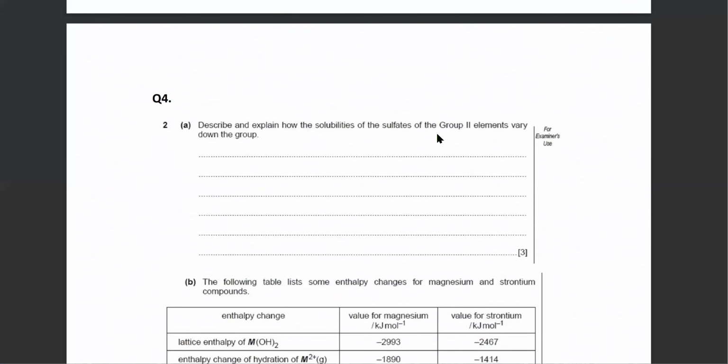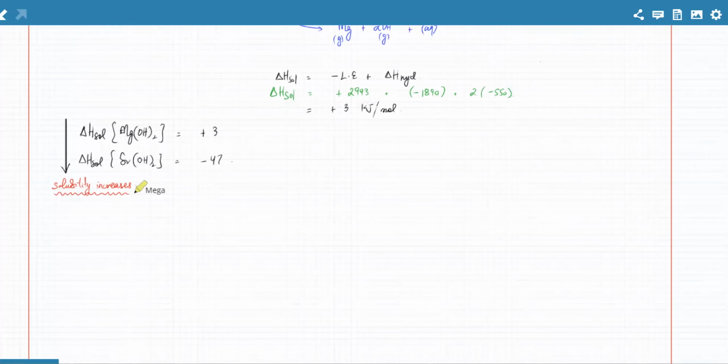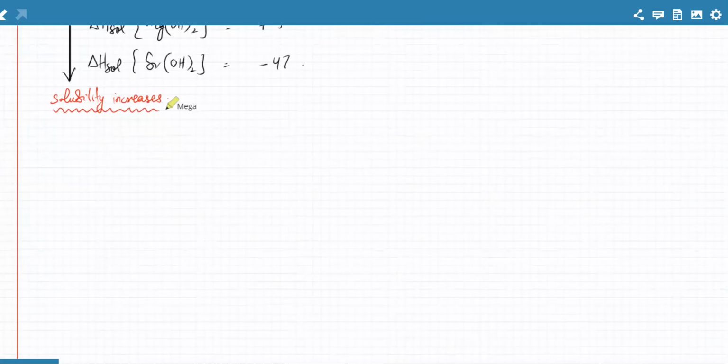And this question appears a lot. They talk about hydroxides, and at the same time, they also talk about sulfates. So the question is, and this is something that's part of group 2 in A levels.